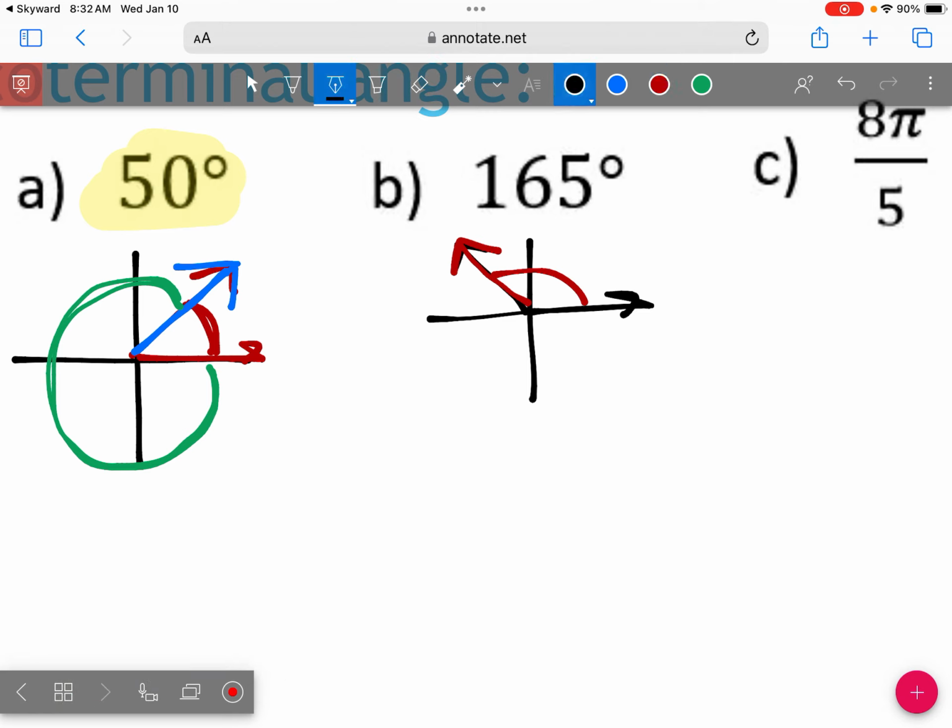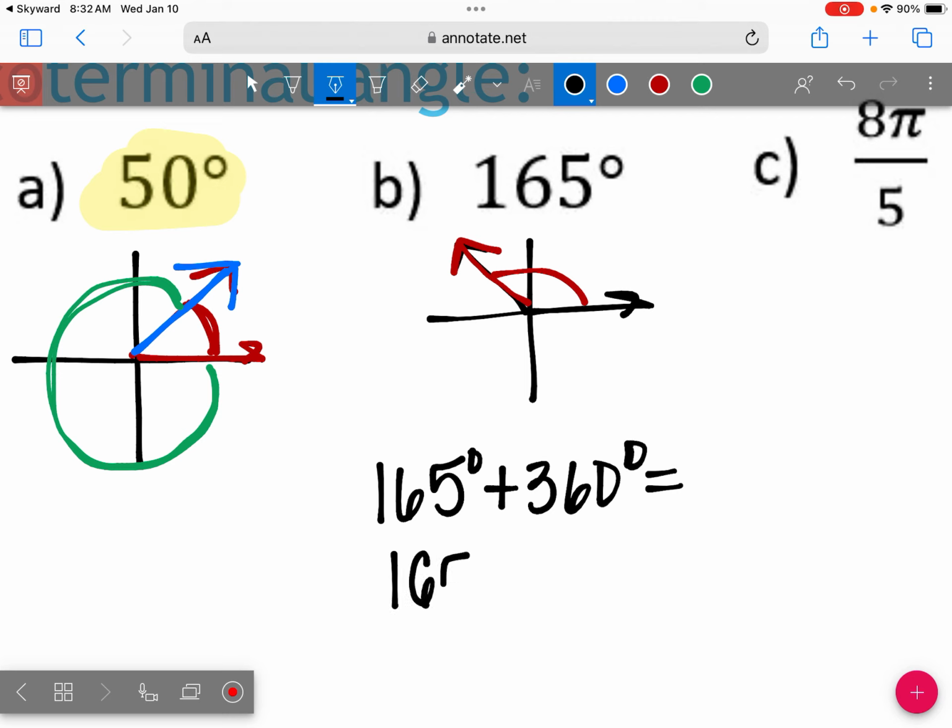I want you to add 360 and subtract 360. So on the test, in the homework, when it asks you to find coterminal angles, I want you to add or subtract one full revolution.